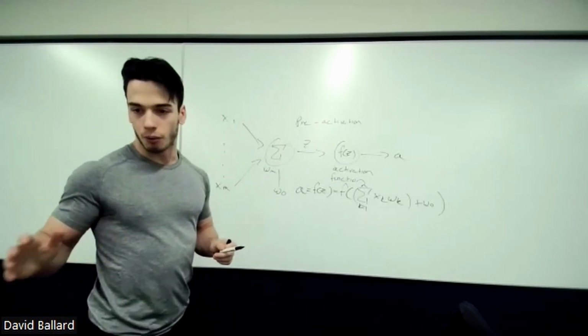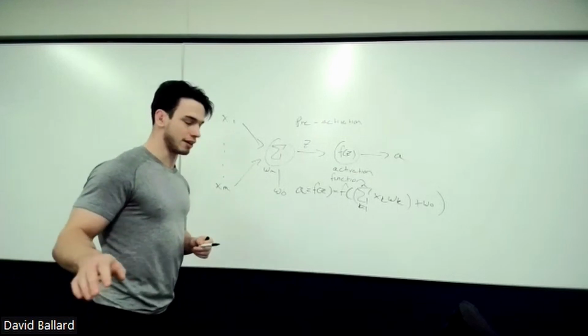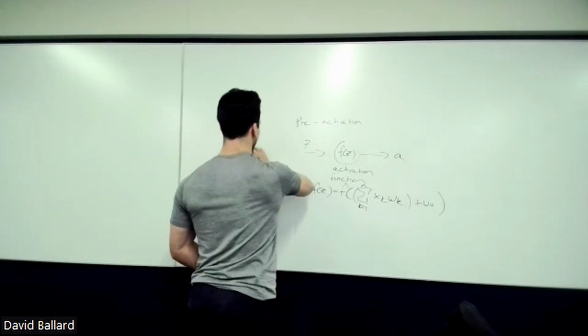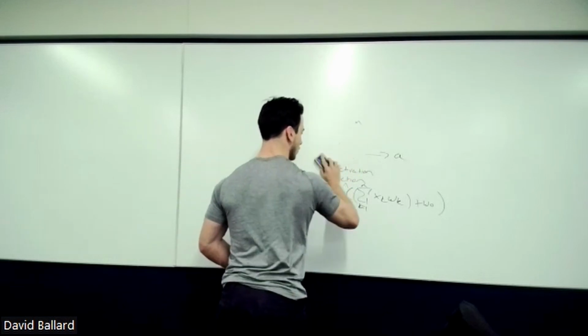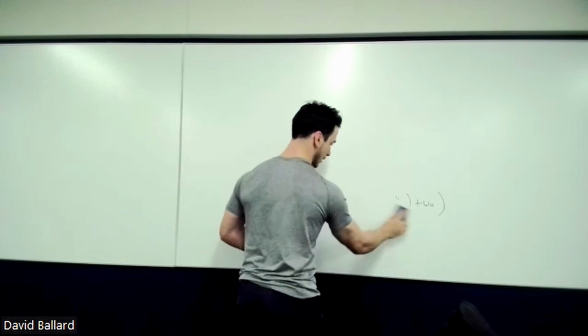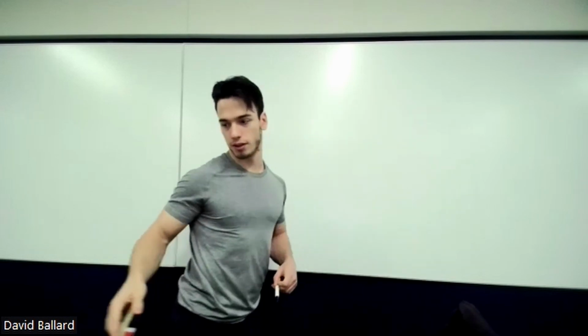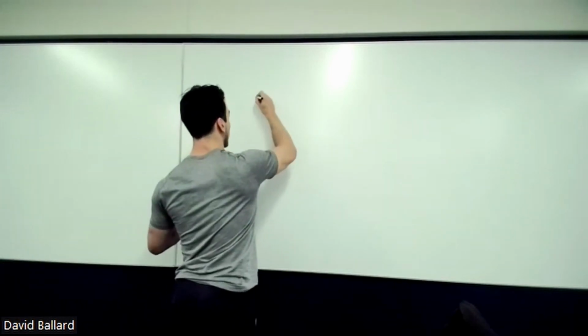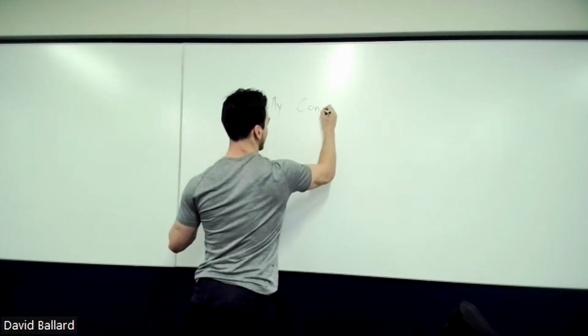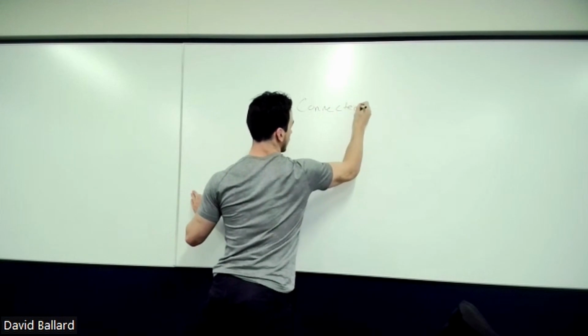Okay. What is now a layer? A layer is simply neurons stacked on top of each other. There are many types of layers in neural networks. Just for today, we're going to talk about fully connected layers.